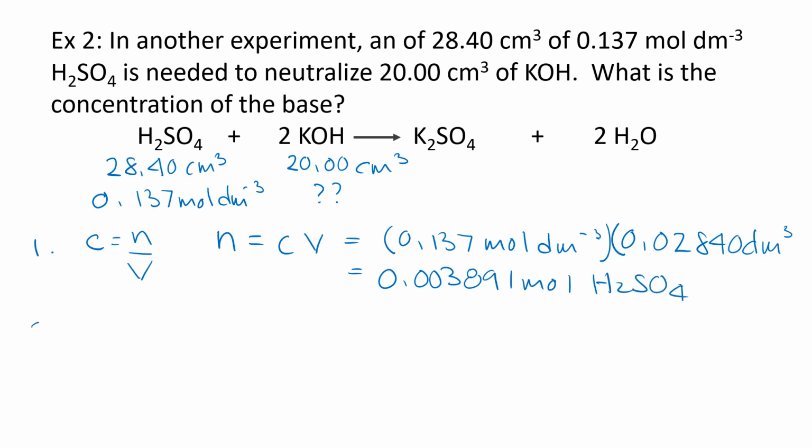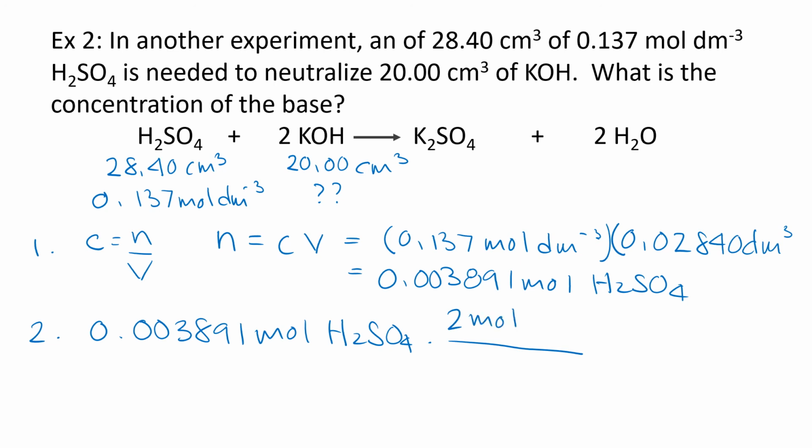Step 2, mole ratio. So I start with my 0.003891 moles of H2SO4. And this time my mole ratio is 2 moles of KOH for every 1 mole H2SO4.